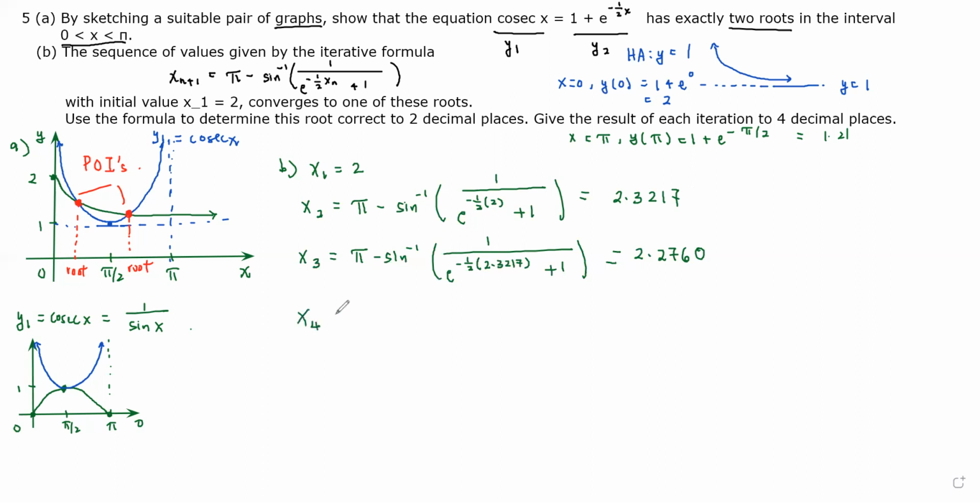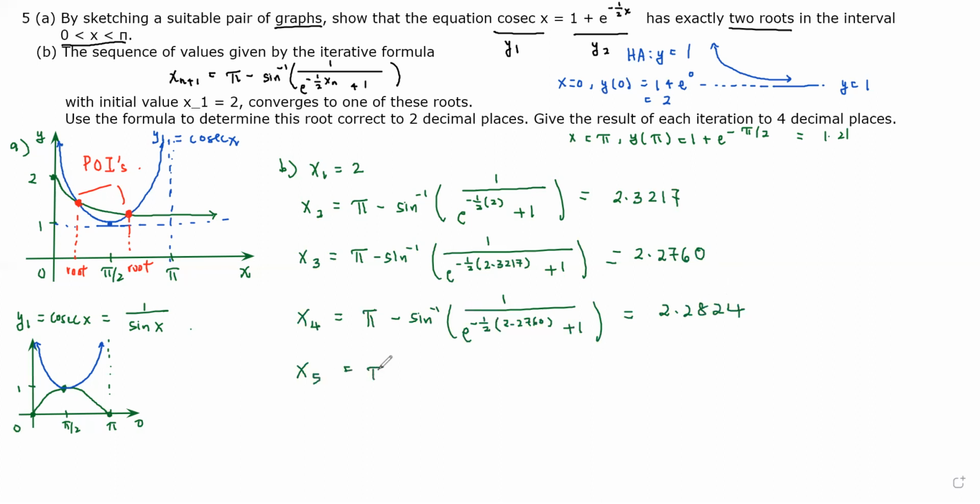So we continue with x sub 4. That gives us pi minus inverse sine of 1 over e to the negative 1/2 times x sub n plus 1, where x sub n is 2.2760 now. And that is 2.2824. To 2 decimal places that is still incorrect.